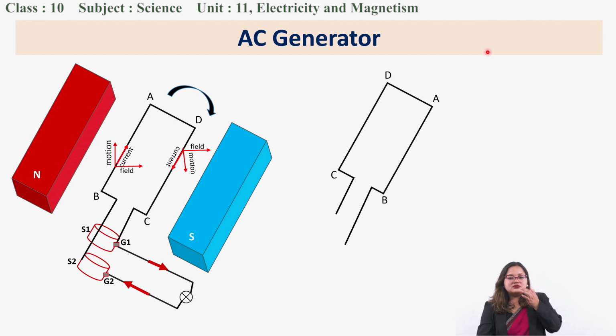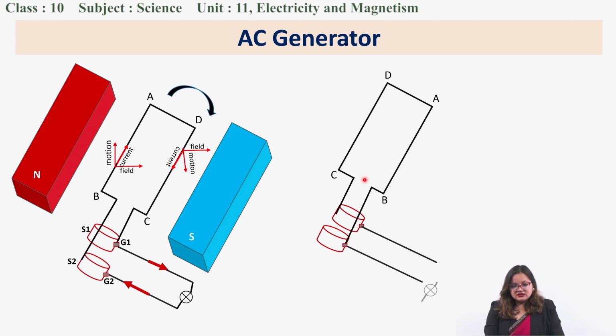See? Now, if the rotation is still in the same direction, let's look. The AB portion reaches this part, right? Earlier AB was here and DC was on the right hand side. Now AB is on the right hand side and DC is on the left. Everything else is the same.